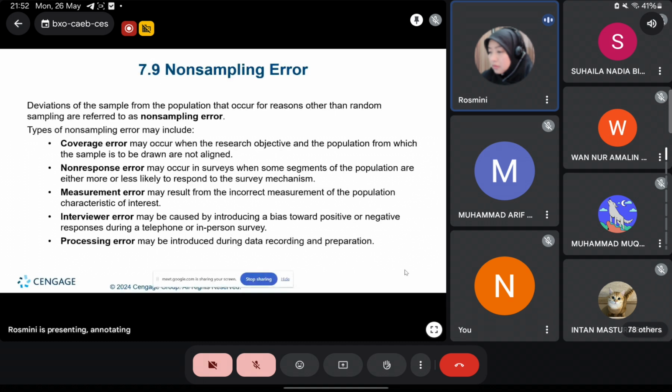So you go for these three: Perlis, Kedah, and Perak. That will be the northern part. Let's say that for this northern part, actually you only go for Perak. You did not go for Perlis. So that will be a coverage error. And then you have a non-response error. Similar to that, there are some who did not answer your survey. And there are a few more non-sampling errors.